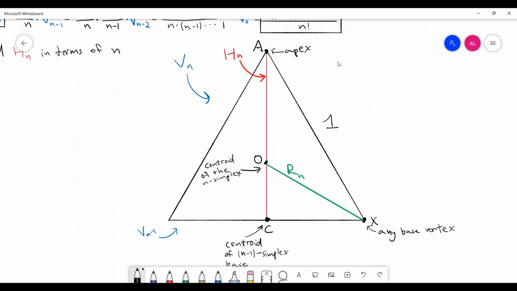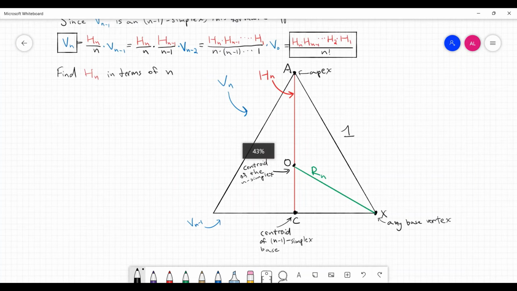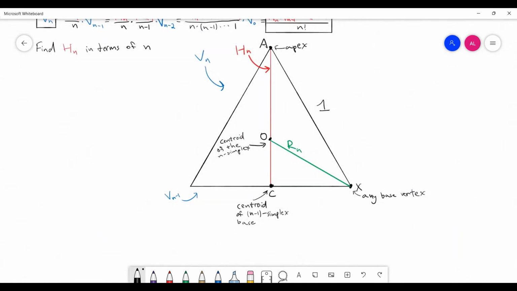Okay. So now we introduce some more expressions into this. So it may seem unnecessary, but this is actually going to help us a lot. So this right here, we can draw a line OX, and we can call this Rn. So notice that by the definition of a circumradius, this is actually the circumradius of our simplex.